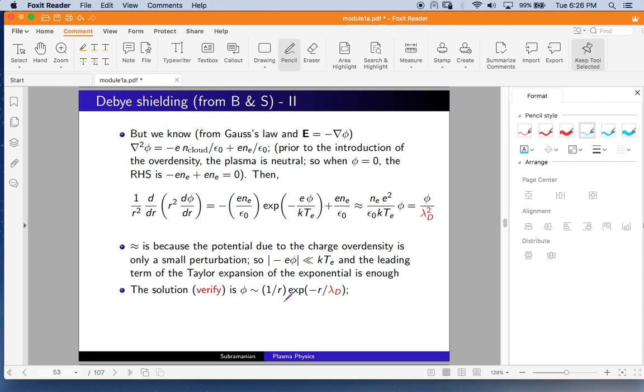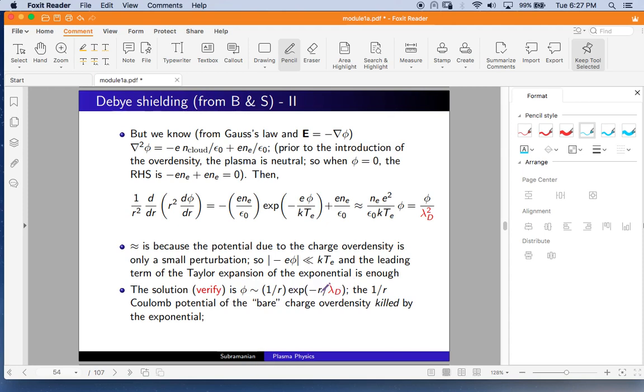So there's a 1, and the important thing is to look at the solution. What does the solution look like? The solution looks like a 1 over r term multiplied by an exponential minus r over lambda d term. If this was not there, you would immediately recognize this as the Coulomb potential, which, due to the charge over density, falls off as 1 over r. But on top of that, you've got this guy multiplying it.